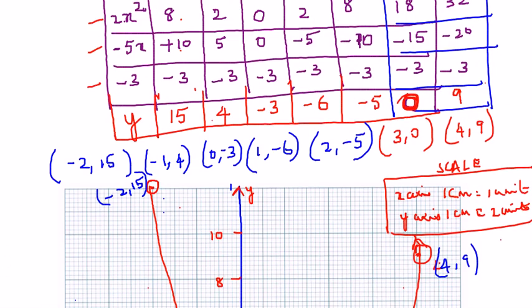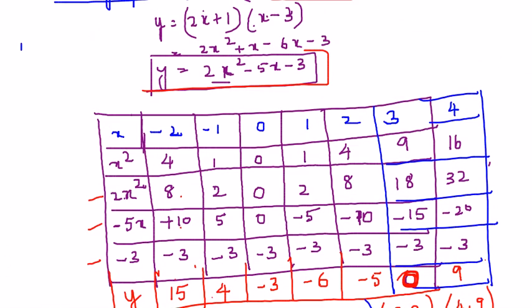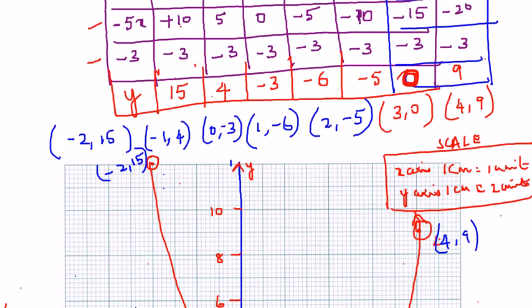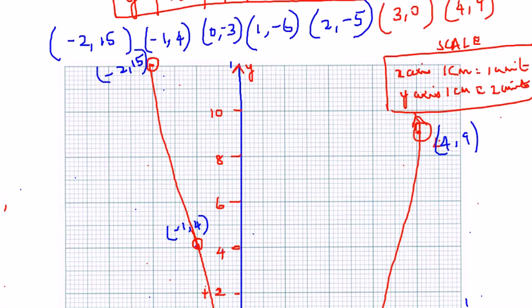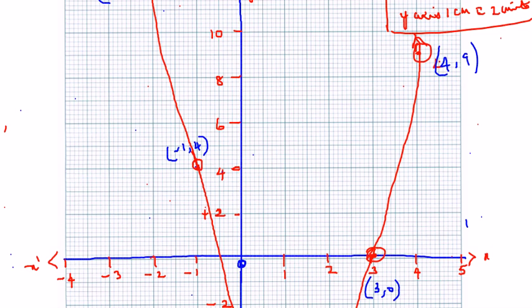When we put values of x for y = 2x squared minus 5x minus 3, find y and plot the points, we get this curve. So we'll mark this curve as y = 2x squared minus 5x minus 3. But is doing only this enough? This is not enough.